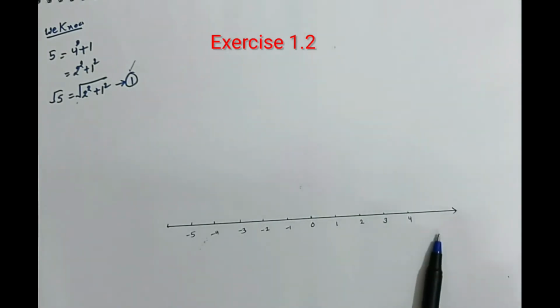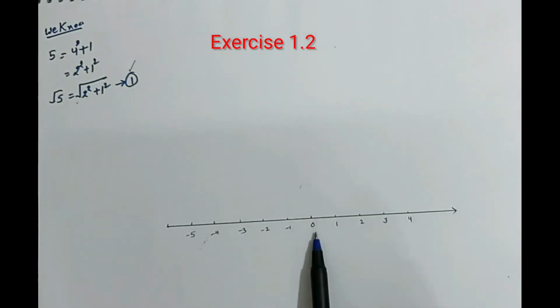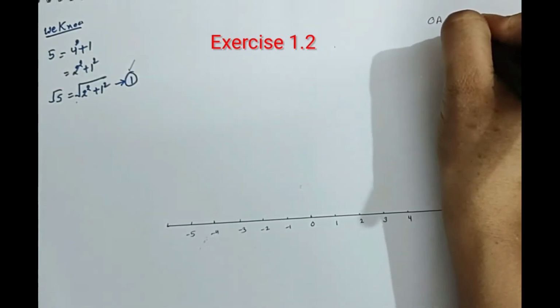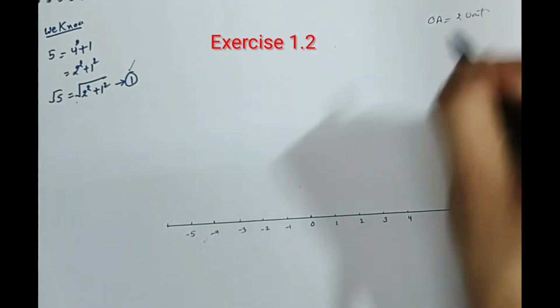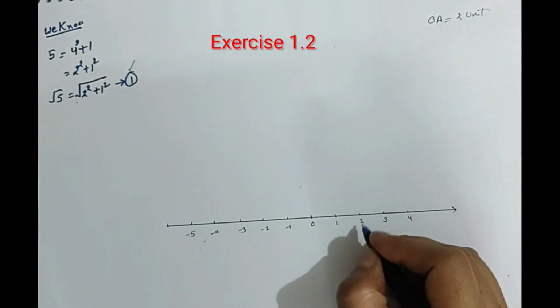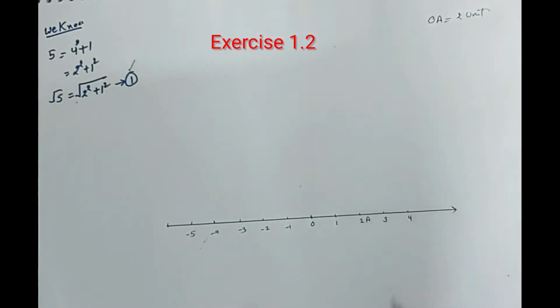Now this is my number line. Here I will take a point A on number line such that OA is equal to 2 units. Okay, so this is 1 unit and this is 2 units. So this point I'll take as A, and this OA is equal to 2 units.